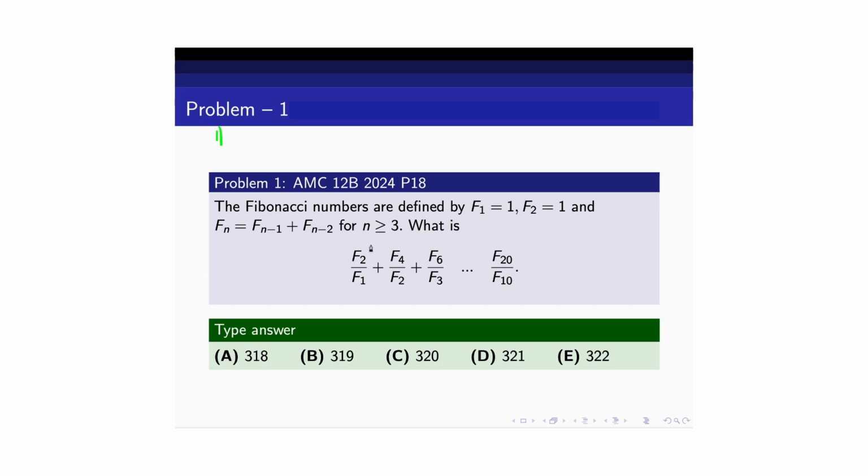So the first approach is let's just compute all of this stuff. So f2, which is 1, divided by 1 is just 1. So now f4 divided by f2, which is 3 divided by 1, which is just 3.